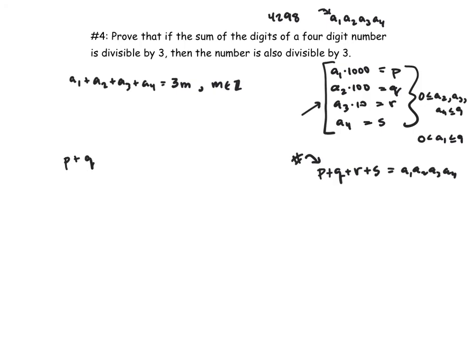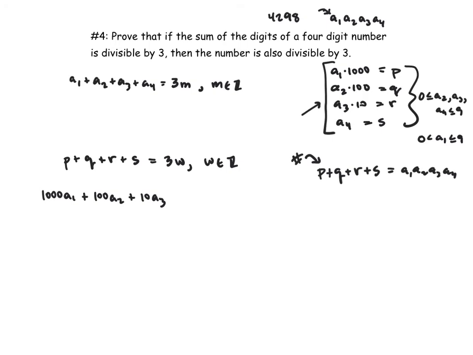P plus Q plus R plus S is equal to 3W, where W is in Z. All right, so what is P? P is 1,000 A1. Q is 100 A2. R is 10 A3, and I don't want to just plug in A4 because I might have some issues.